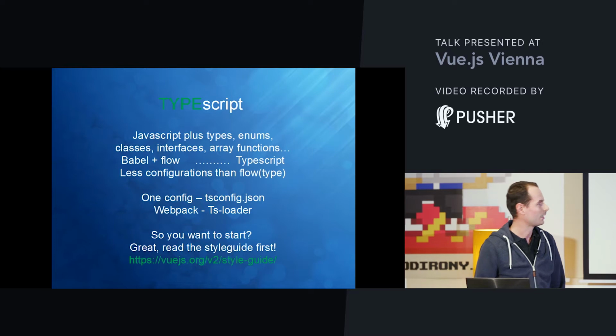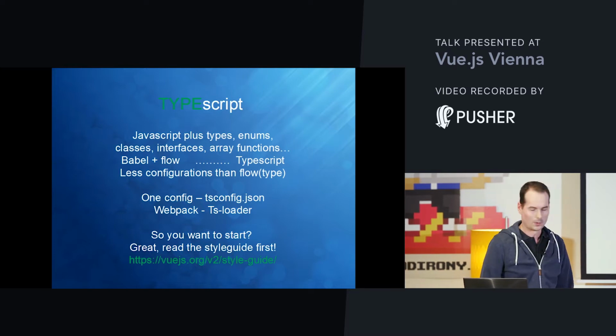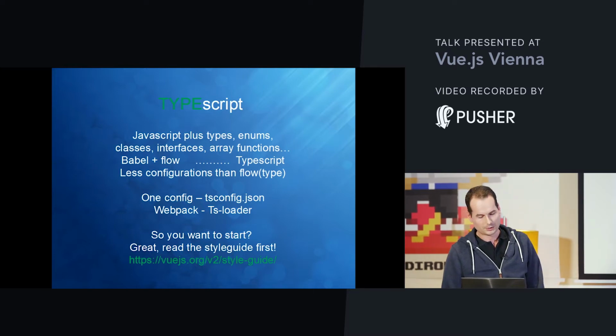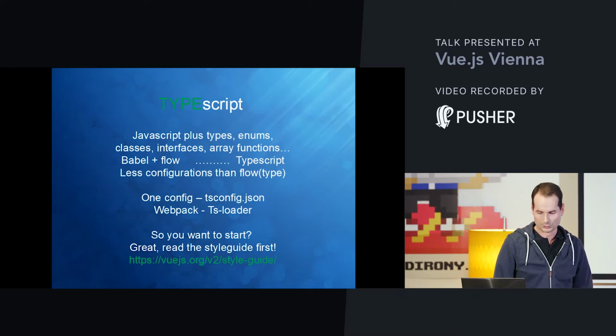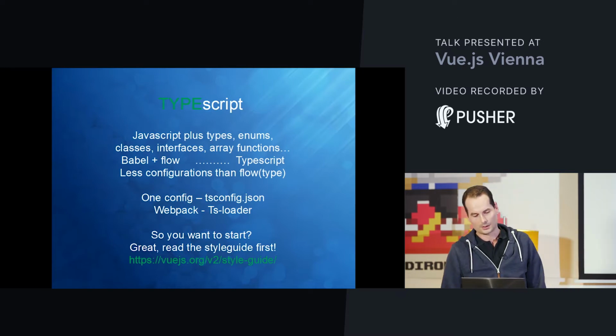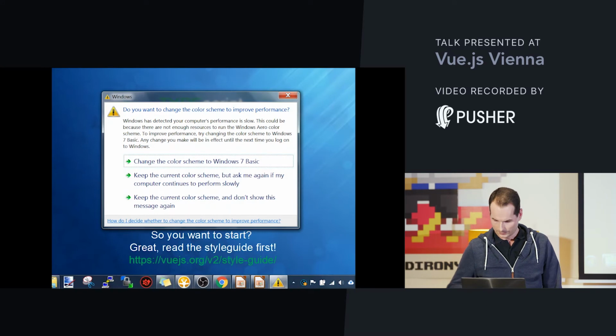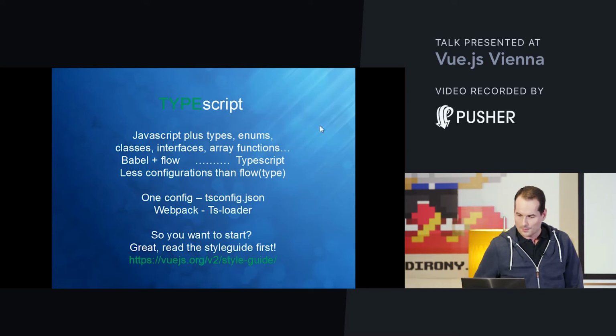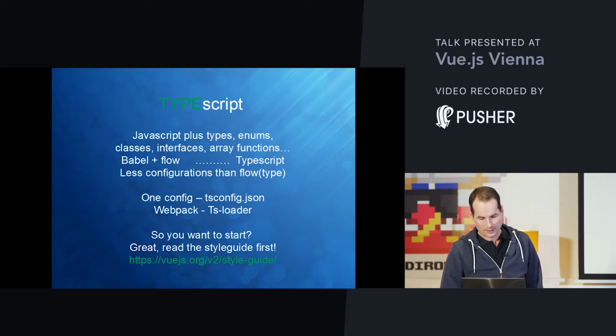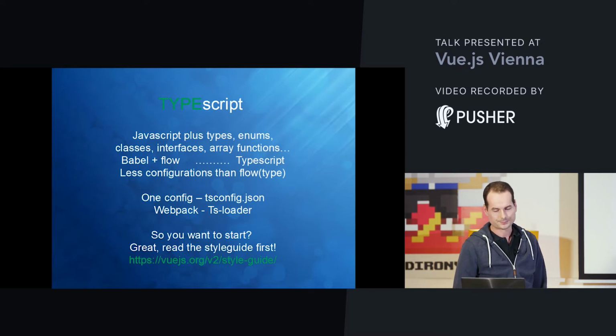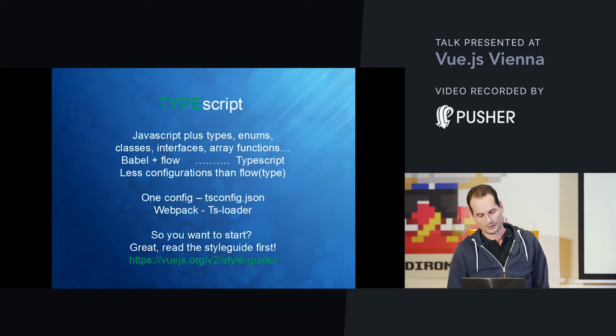There is something like Babel with Flow, which is also useful for this kind of stuff. But in my opinion, it requires more configuration than TypeScript. TypeScript has one config file in your project. That's all.